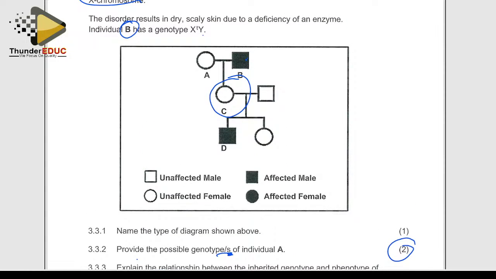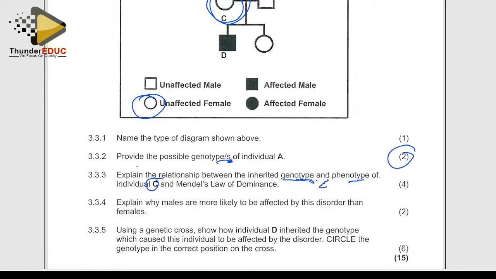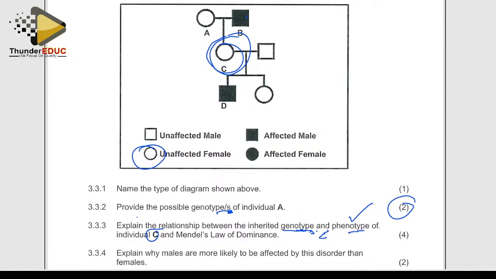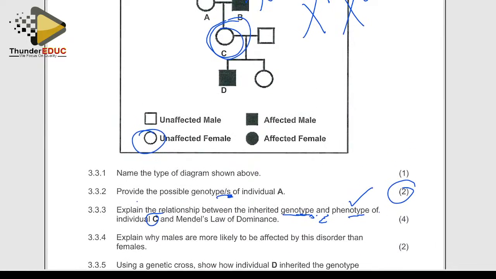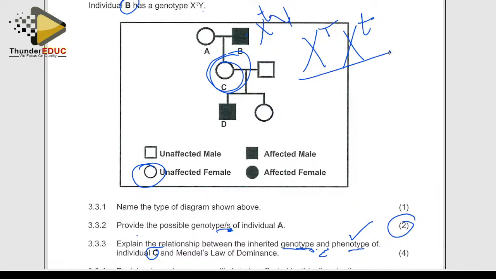Individual C, first of all, it is a female who is unaffected. So that is the phenotype. But the genotype, this individual C is like this, capital letter T and then small letter t. Why? Because this father gave that individual a small letter. So now how are you going to explain? Basically this is a genotype.